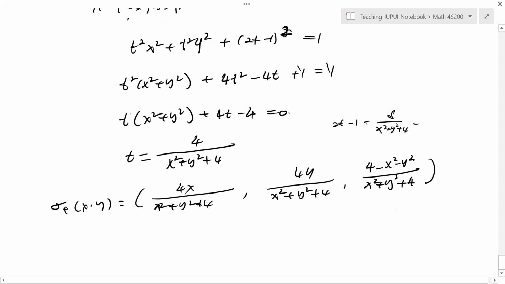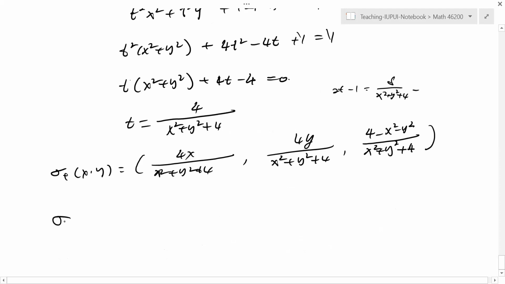You find out it's complicated, but it is indeed a map described about the image. Now, much harder to compute. It's one-to-one. It is regular. So this is a regular surface patch, and it covers the whole sphere except one point.